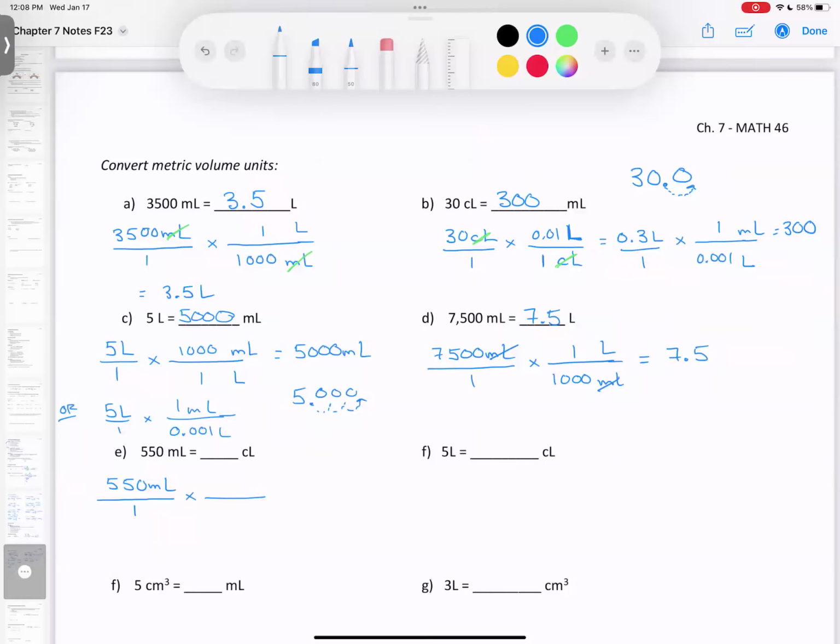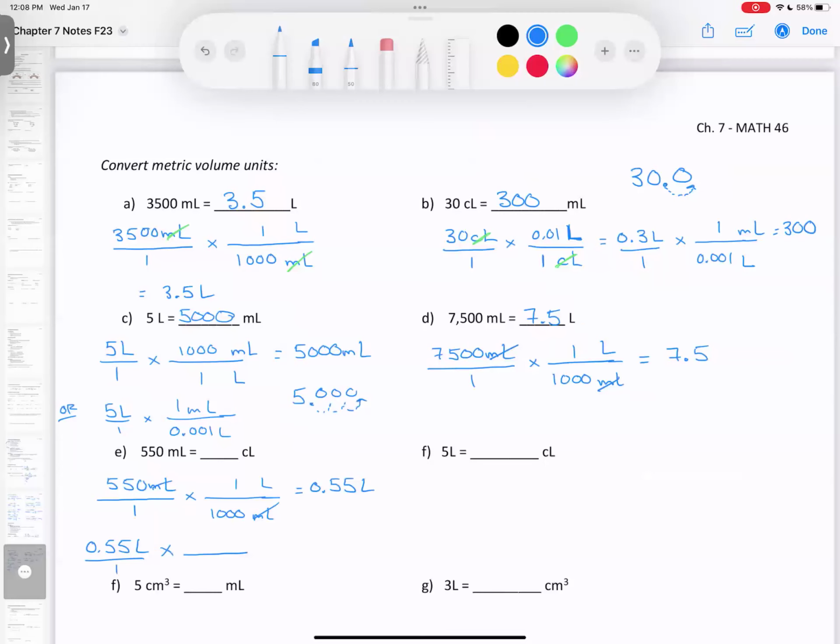So we're going to multiply that by milliliters on the bottom and liters on the top. There's 1,000 milliliters for every liter. So that leaves us with 0.55 liters. Milliliters cancel.